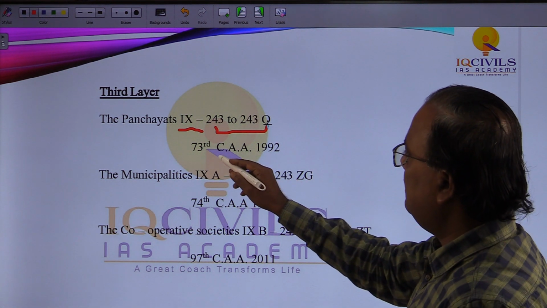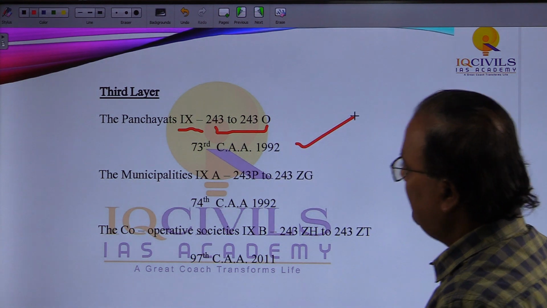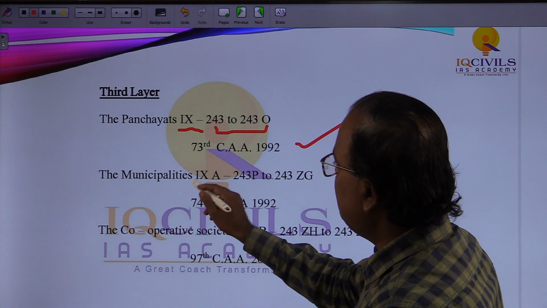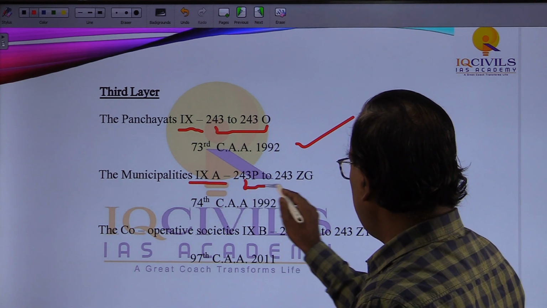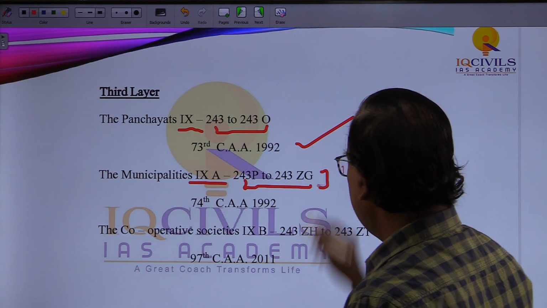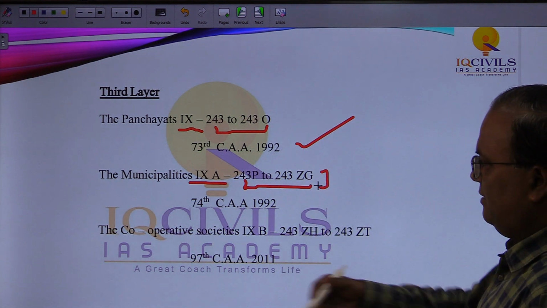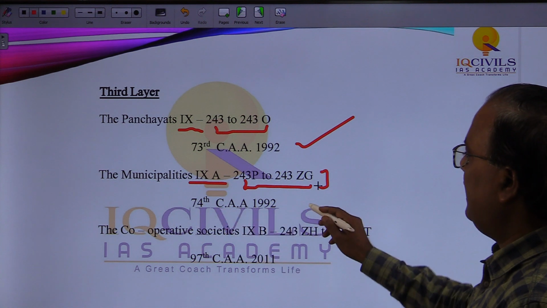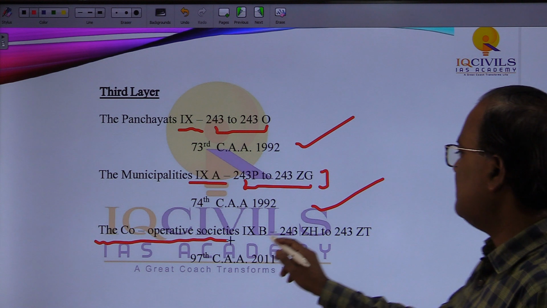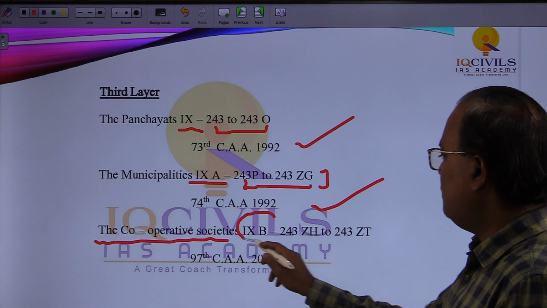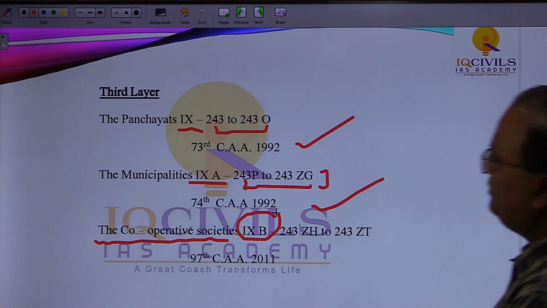It has been added by the 73rd Constitutional Amendment Act 1992. And the municipalities are in Part 9A, from 243P to 243ZG. Okay, so we have a part within the part. That was added by the 74th Constitutional Amendment Act 1992. And the cooperative societies, this provision has been added in Part 9B.